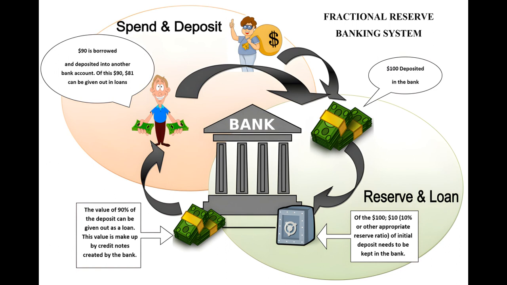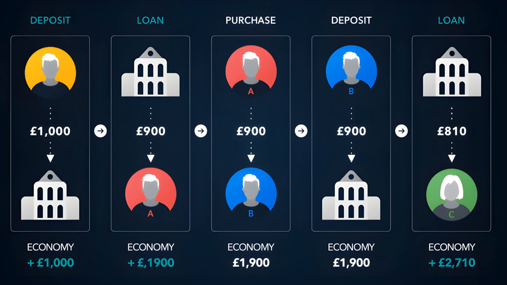Scenario analysis may also be conducted, depicting scenarios including stress scenarios, such as a bank-specific crisis. Austrian school economists such as Jesús Huerta de Soto and Murray Rothbard have strongly criticized fractional reserve banking, calling for it to be outlawed and criminalized.